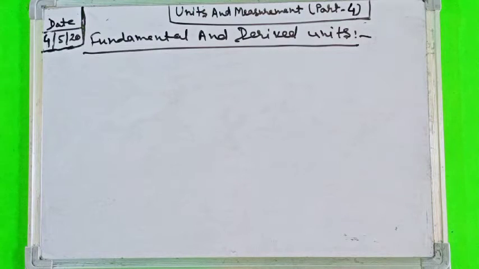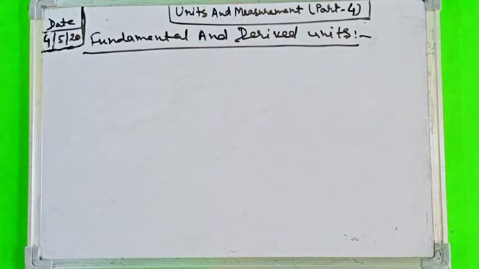While studying physics, we come across a very large range of physical quantities. And since we have a very large range of physical quantities, obviously to specify the unit of those physical quantities, we need many units.